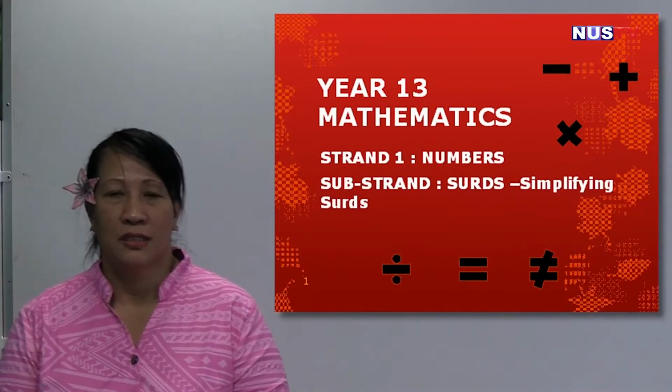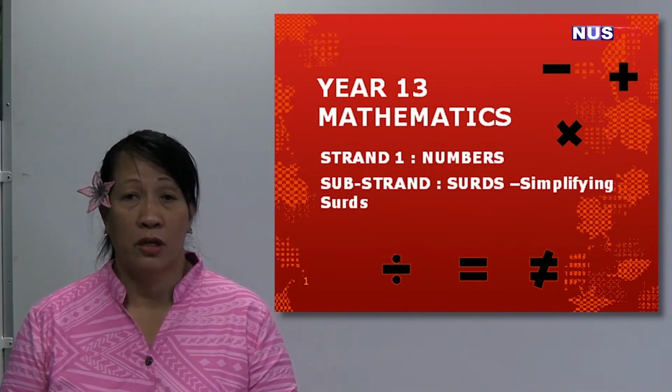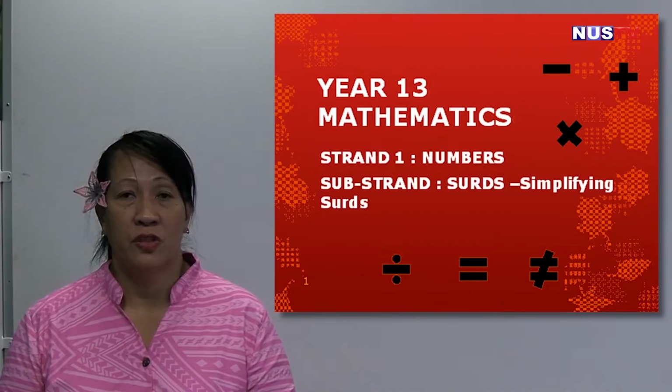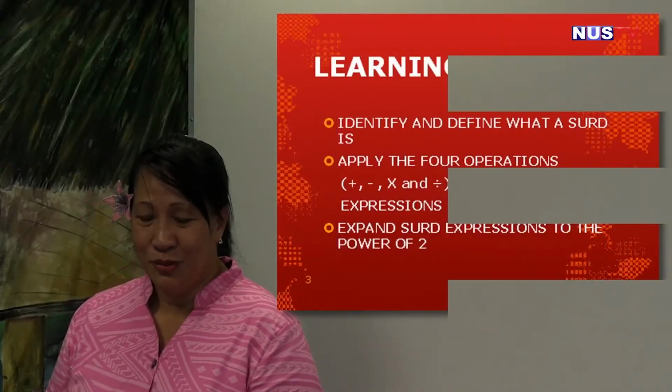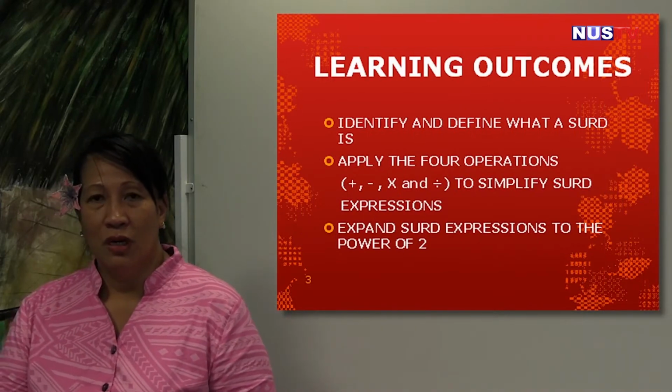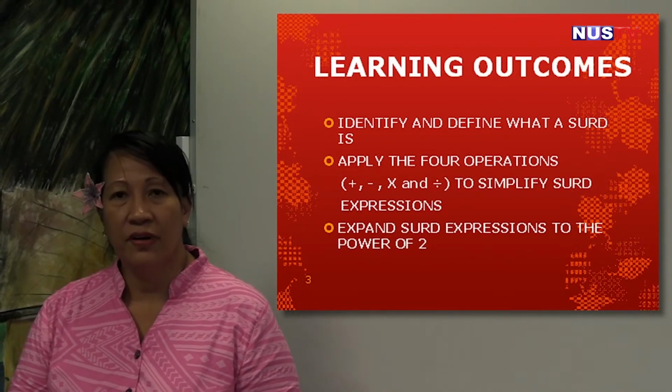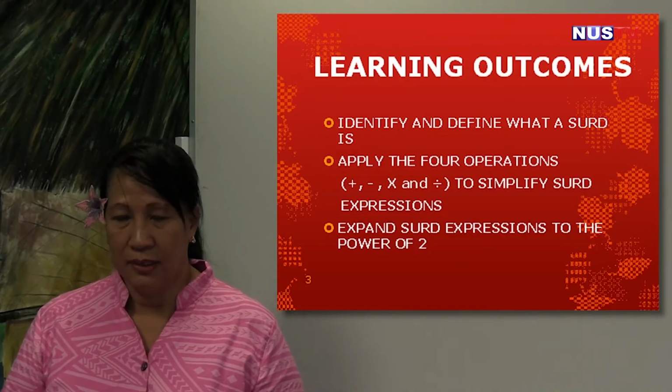Today we're going to focus on the substrand concepts from Strand 1 of the curriculum for Year 15, which is numbers. Our learning outcomes today: we are to learn how to identify and define what a surd is.